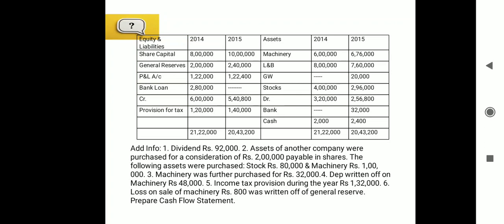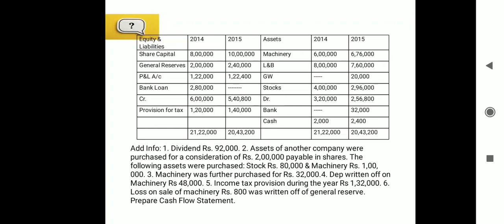Next we have depreciation written off on machinery. Depreciation is a non-cash expense, okay. And then we have the income tax provision during the year. How much provision we make during the year, that we treat as a non-cash expense, okay.